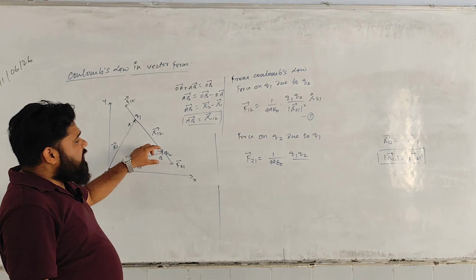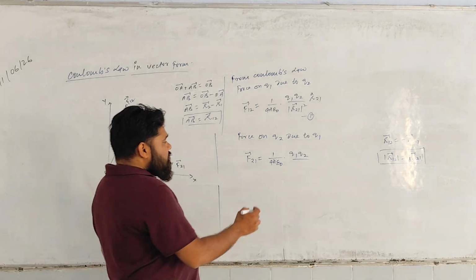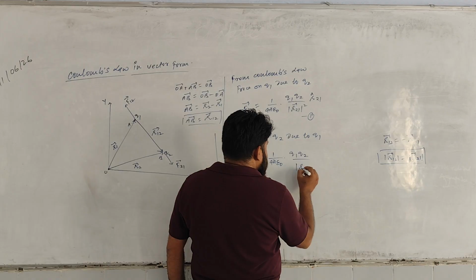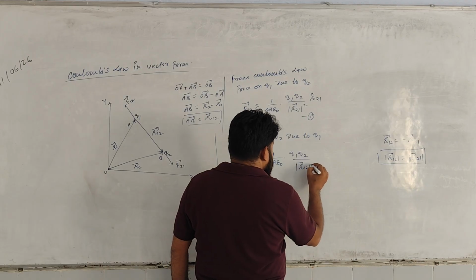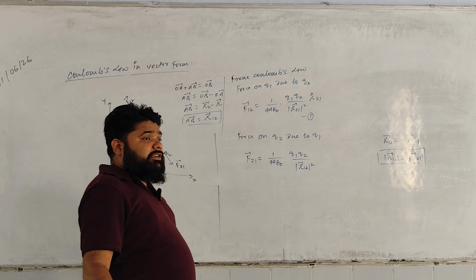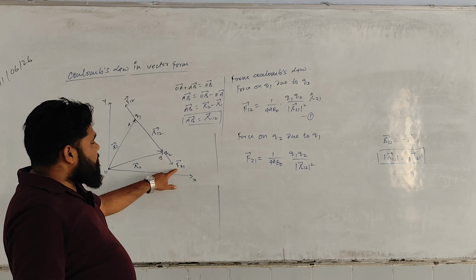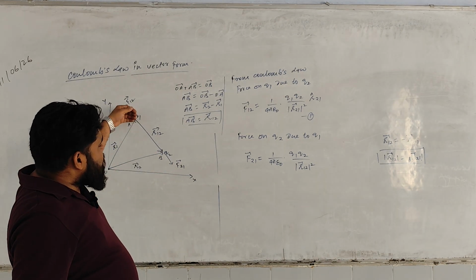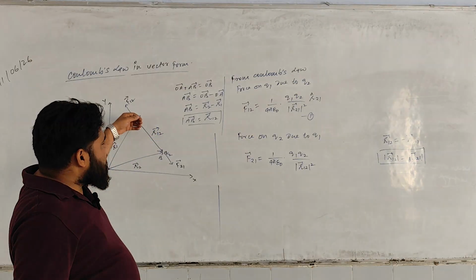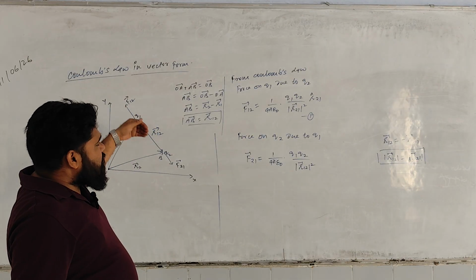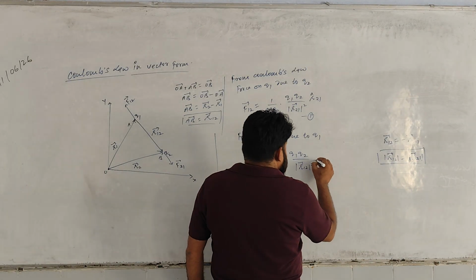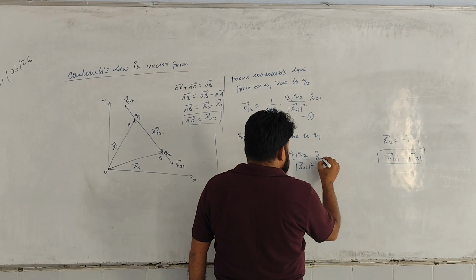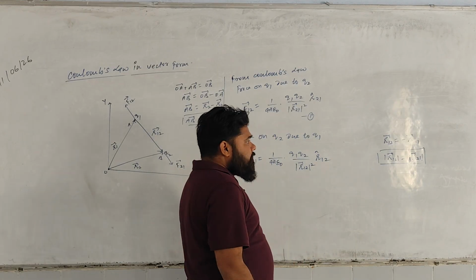That is R12, and we are using the magnitude, so that becomes the magnitude of R12 of whole square. And what will be the direction of the force? When we see force F21, the force is directing from Q1 to Q2. That means we are using the unit vector leading from Q1 to Q2, so in the direction of unit vector R12.